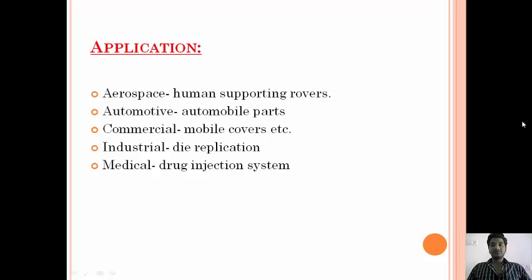For example, the most recent topic in FDM is a capsule-shaped model which consists of a number of pores, and we can inject the drug material into any part by using this capsule, and it easily diffuses into the organ.